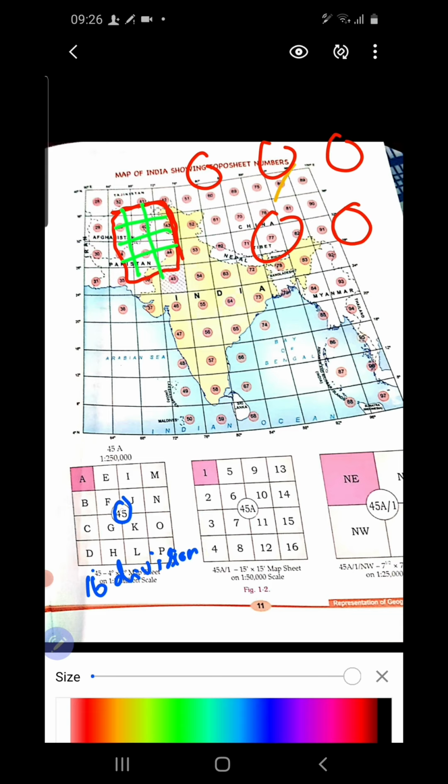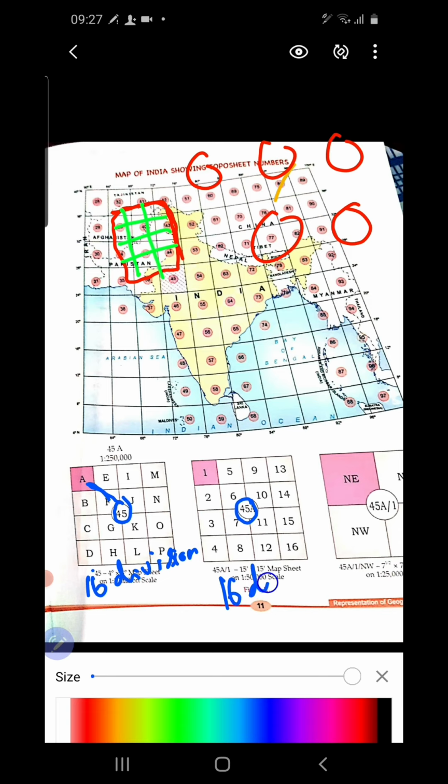Again, this 45A means we are going into more detail. Block 45 is divided into 16, and then 45A, if I go further, is also divided into 16. Understood?